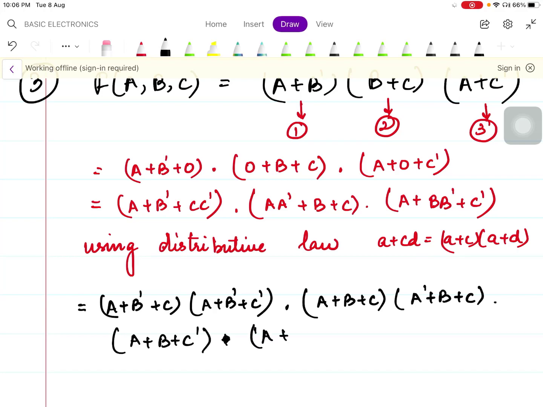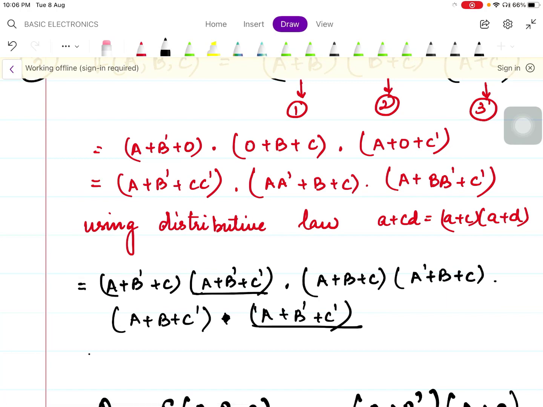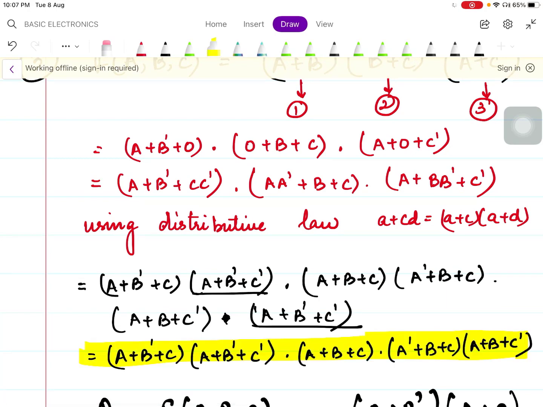It will be dot here. So if any of the two terms are occurring more than once, then we will only write them once. So these two terms were occurring. So let's keep it only once. So this is the canonical form.